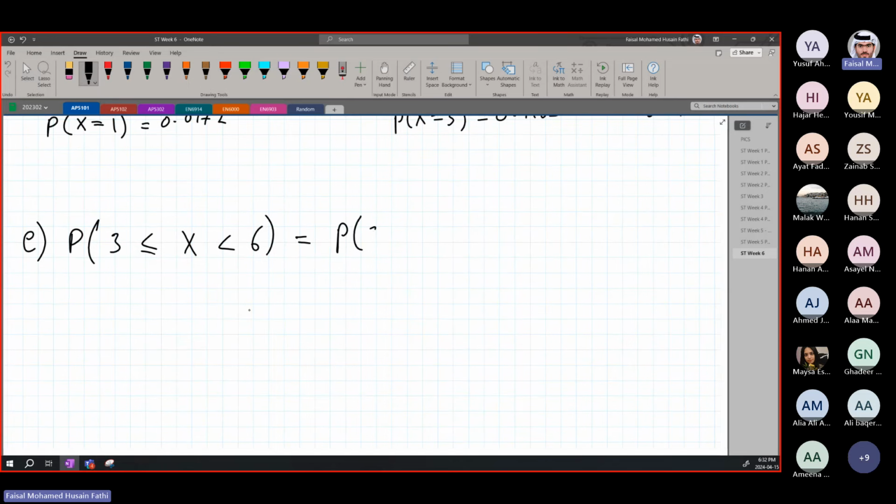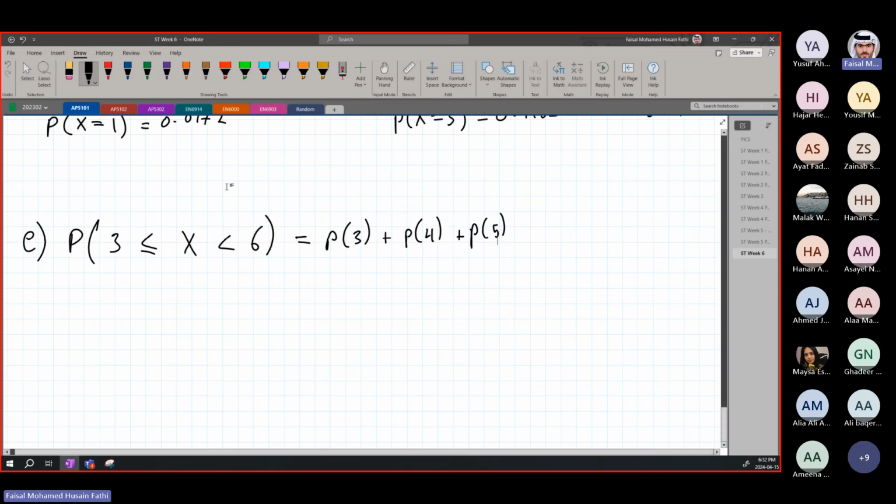We have small p of 3 plus small p of 4 plus small p of 5. I'm writing it this way to save space. That's it, because we have 3, 4, and 5. For 6, there's no equal, so we stop at 5.